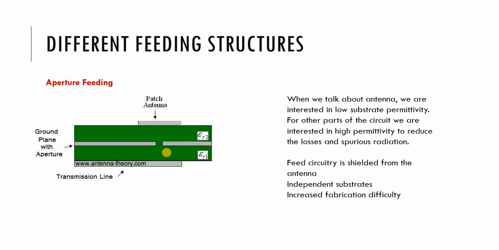So this design structure is going to be used in large array structures like phased array antennas or in 5G or satellite communication antennas, where you need to have 100 or 1000 elements of the array antenna, and it's difficult to manage the feeding structures or to handle the perturbation of the radiation of the feed on other elements.